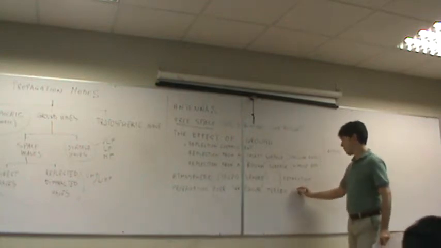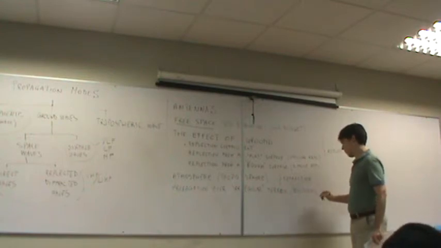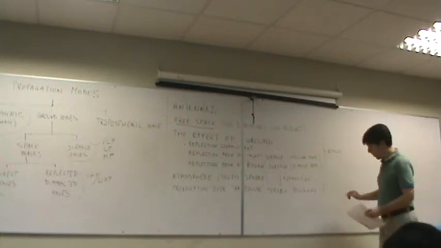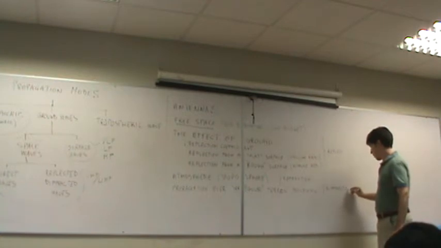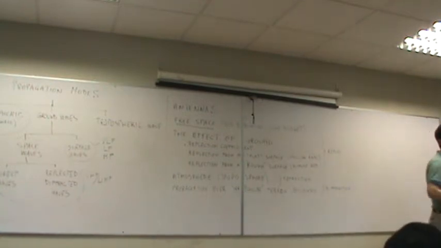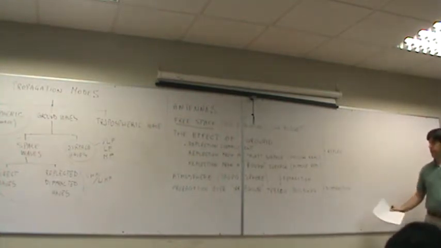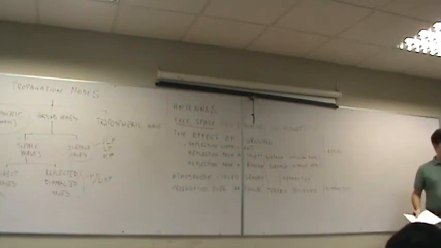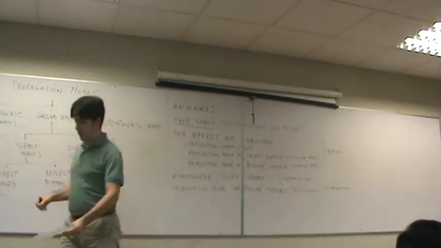And this includes buildings. The effect of this is diffraction. And this is a very important propagation mechanism when you are, for example, in an urban environment. Reflection and diffraction are the main propagation mechanisms when you are in that kind of environment.